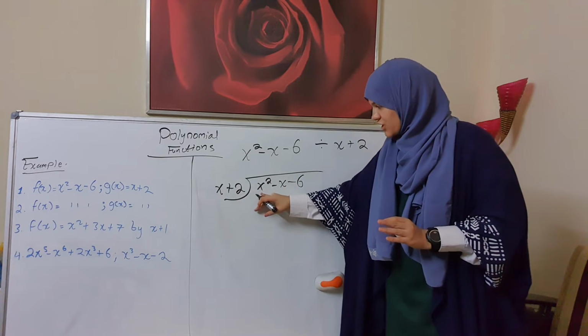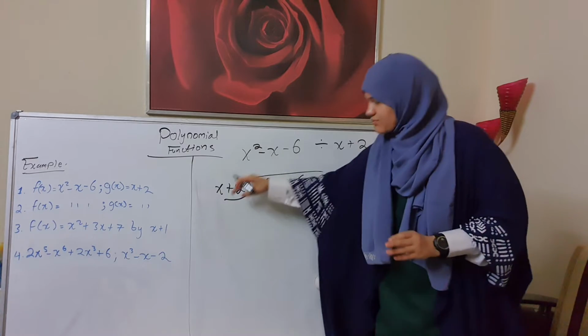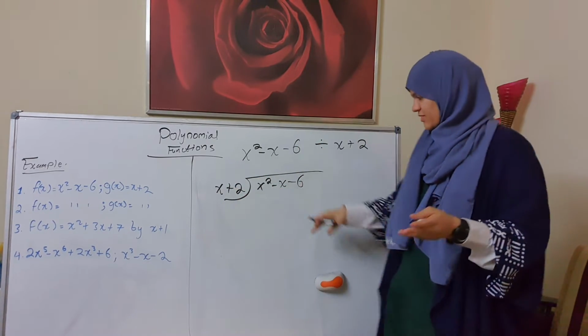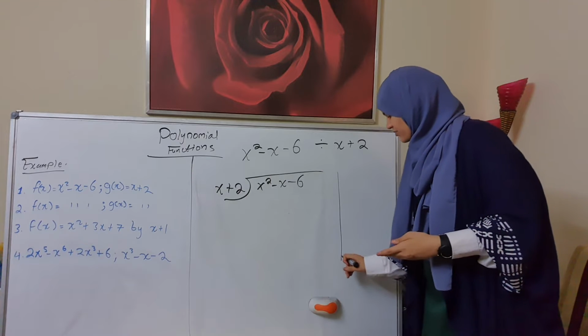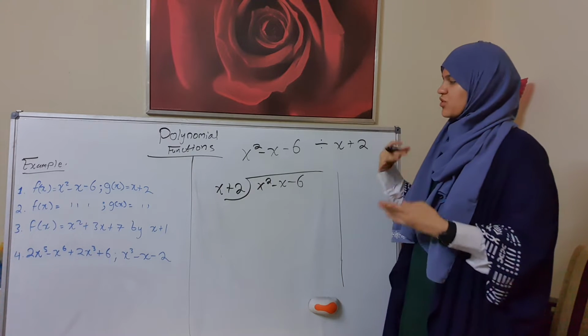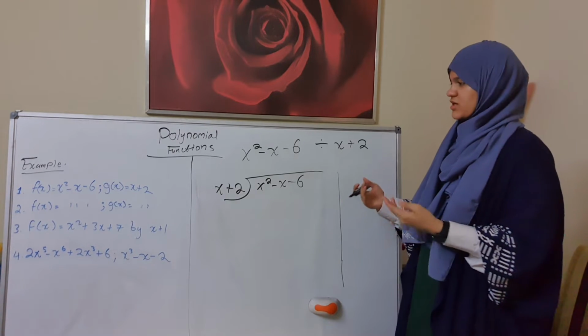Now, we will take the first one in this function, which is x squared, right? x squared will be divided by x plus 2. Take it easy, I will make so many examples for you to be familiar with these functions.